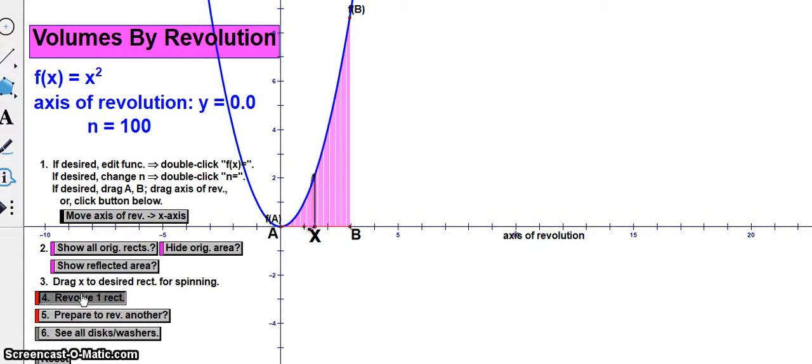One more time. So we're rotating all those radii around. What's the area of a circle? Exactly. So we have to find out what that radius is, and we'll go from there.